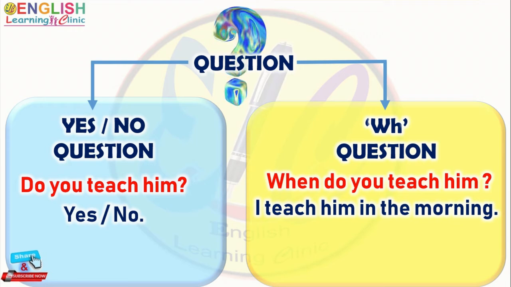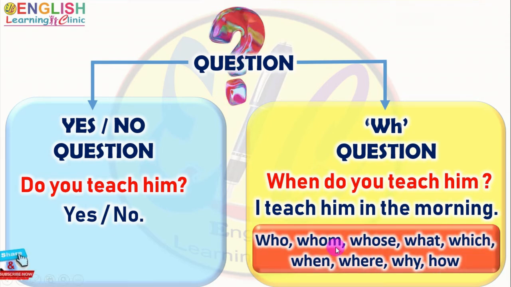This is called informative question. This type of questions begins with the words like who, whom, whose, what, which, when, where, why, and how. Except the word how, all these words start with the letters WH.